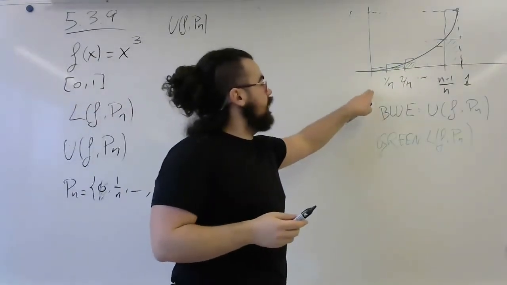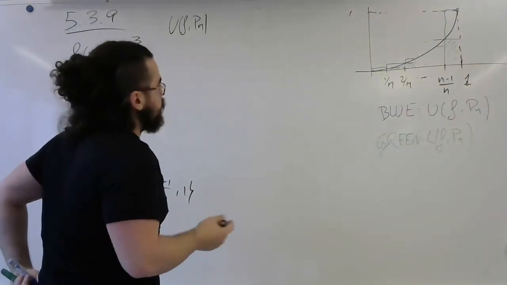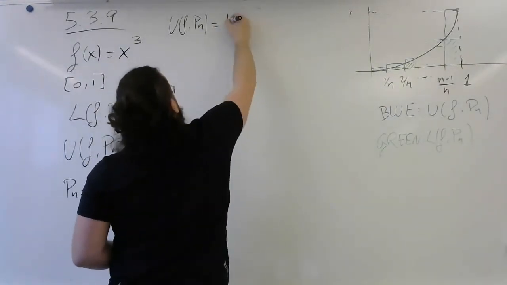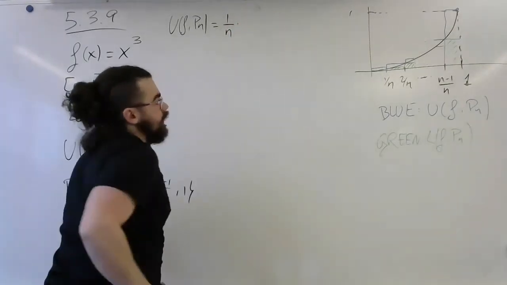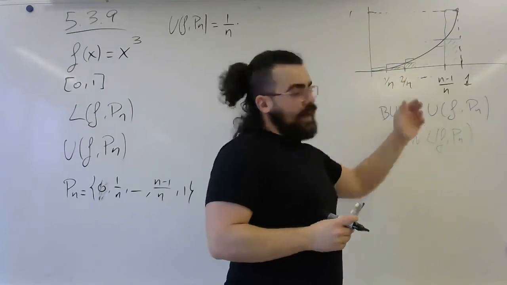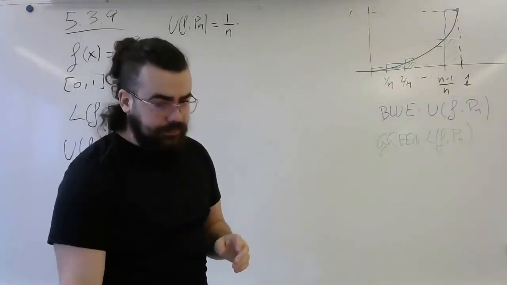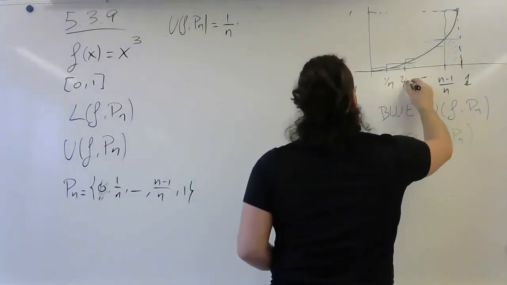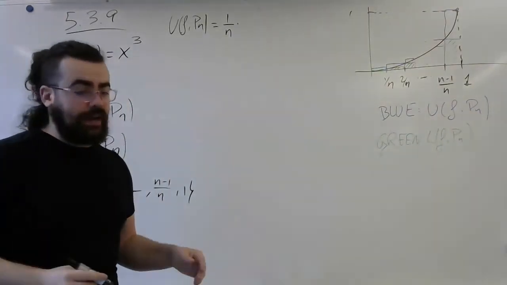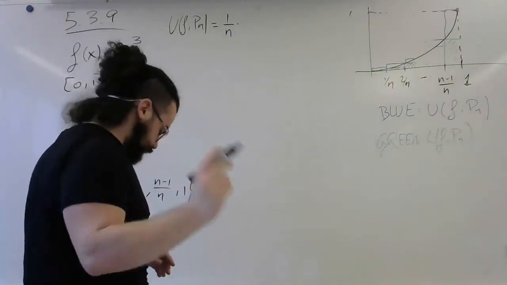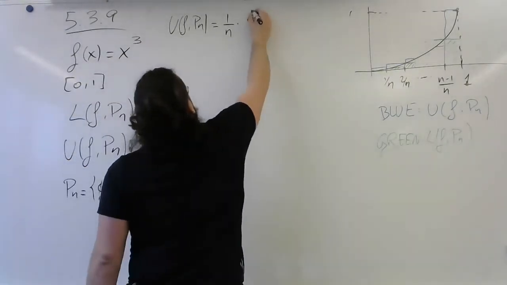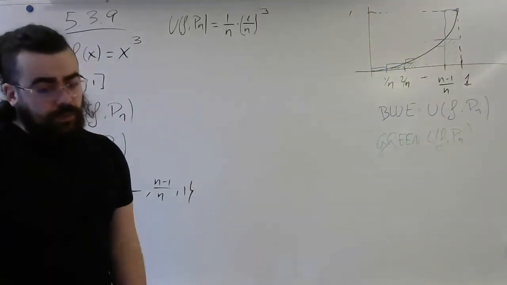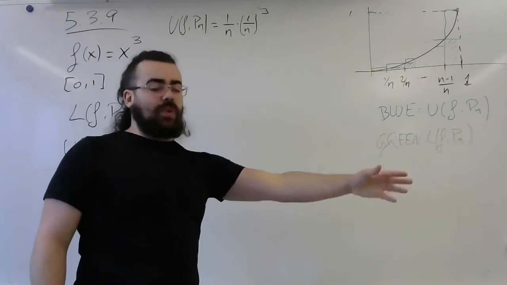And we notice that in each rectangle, the area of each rectangle is 1 over n, which is the base, times the height. And the height of the ith rectangle, which goes from (i minus 1) over n to i over n, is none other than this thing right here, which is the value of the function in the extreme where it's largest.